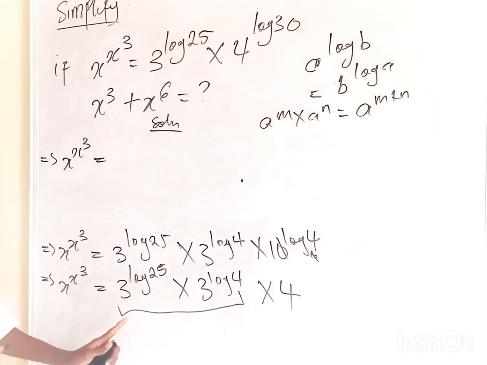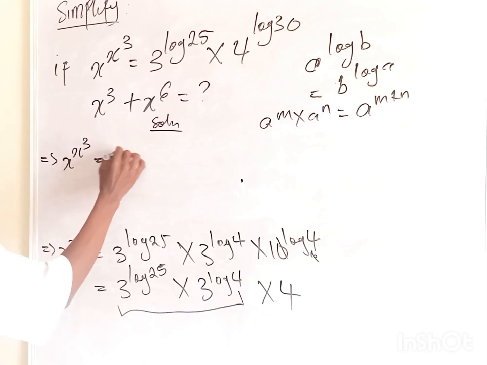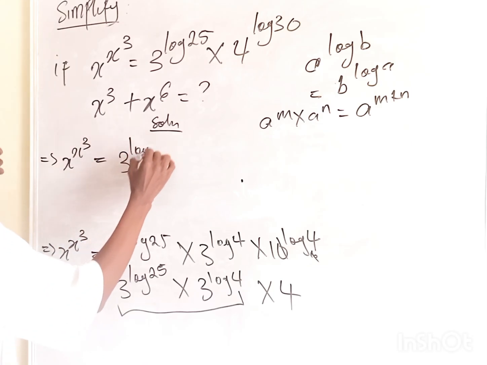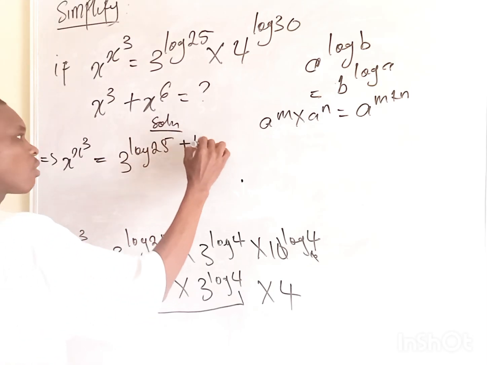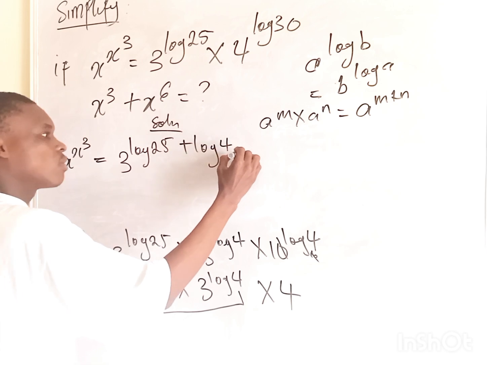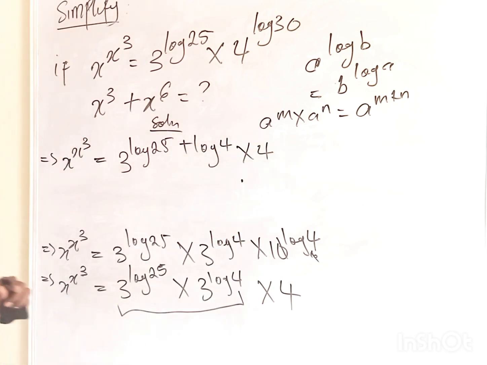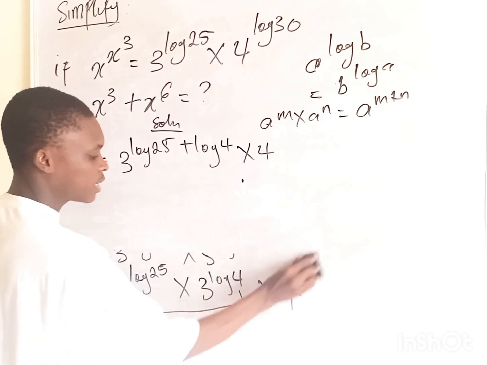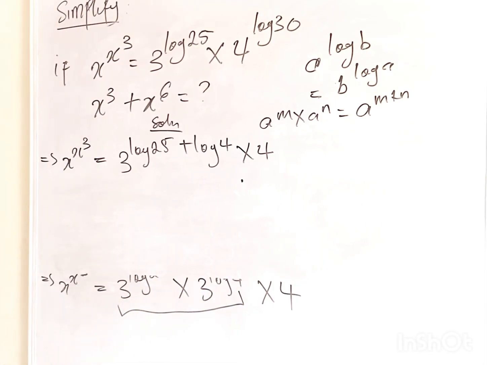All right, so from here, clearly you can see that the bases are the same. So we are going to take one of the base by saying 3 log 25 plus log 4 times 4. That's the first step.